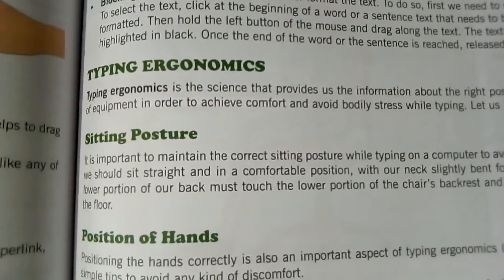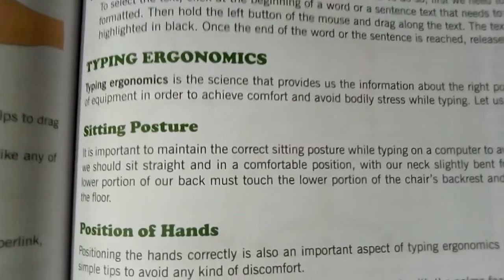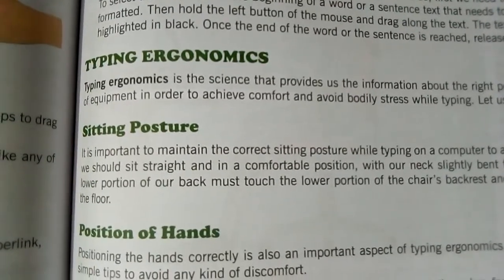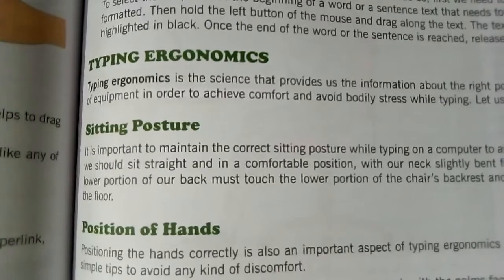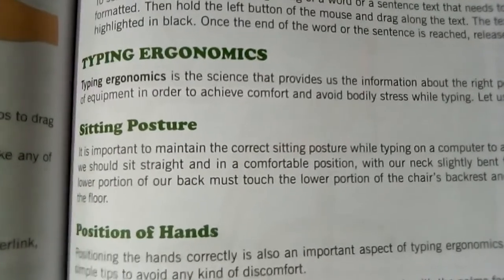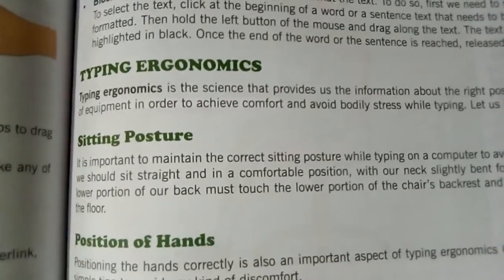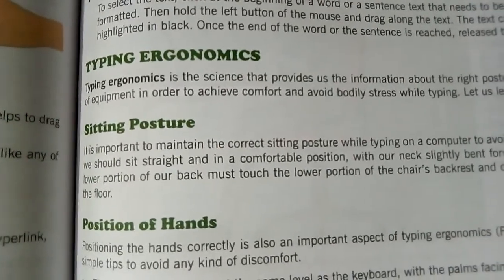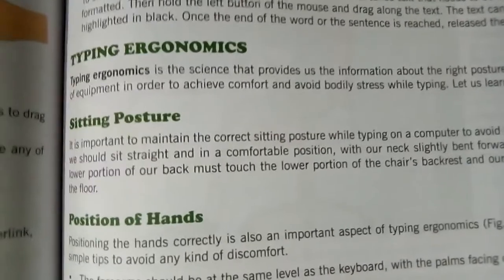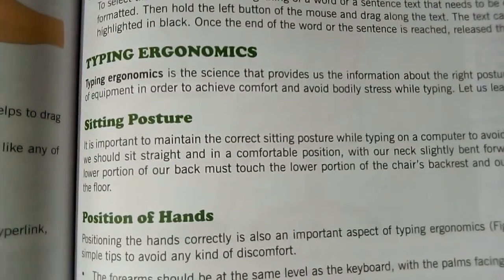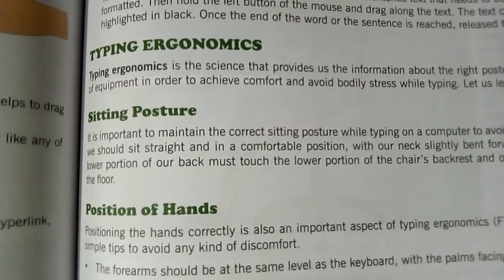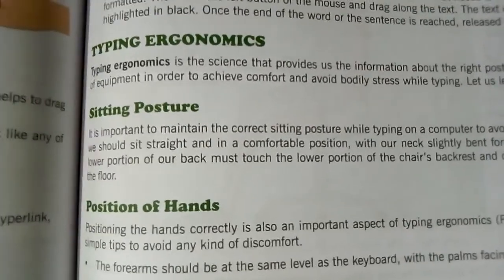You should sit straight in a comfortable position to avoid back pain, with the neck slightly bent forward, the lower back touching the lower portion of the chair's backrest, and the feet touching the floor.